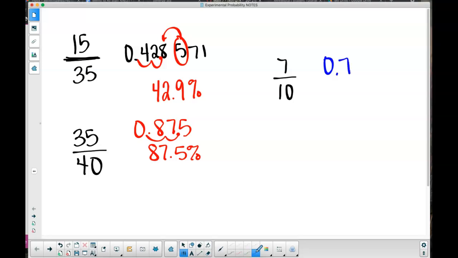What percent is that? 70. Because you have to move your decimal 2 places, which in this case means you have to put a 0 in it. So it would be 70%. Okay, does that ring a bell to everybody? We're good with that? Okay, everything we do today, we're going to end up turning that into percents.